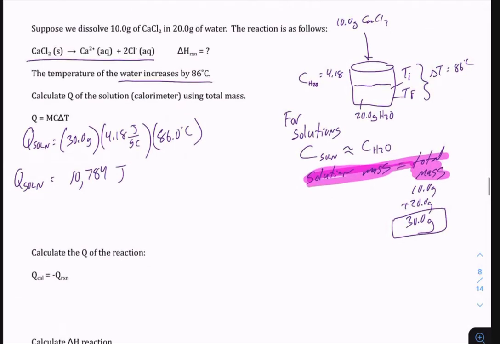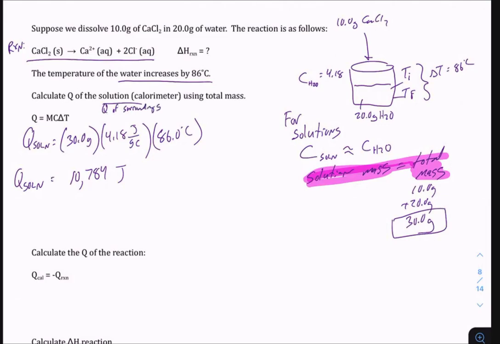Reaction. Meaning, this is the reaction right here. Okay? What you calculated here was Q of the solution, or more specifically, the Q of the surroundings, because technically that's what it is. Why am I calling it Q of surroundings?